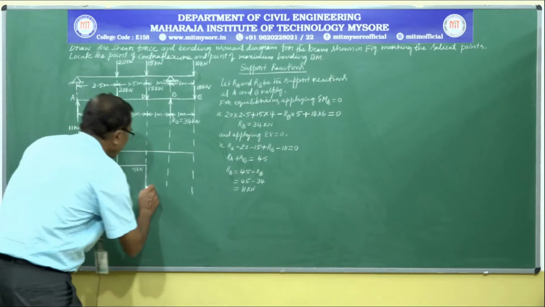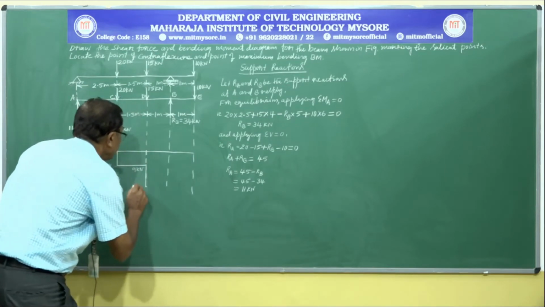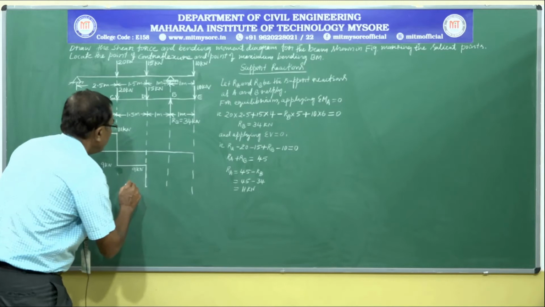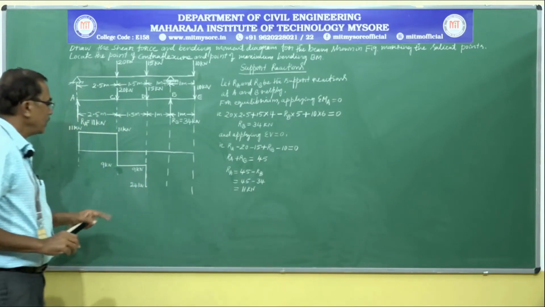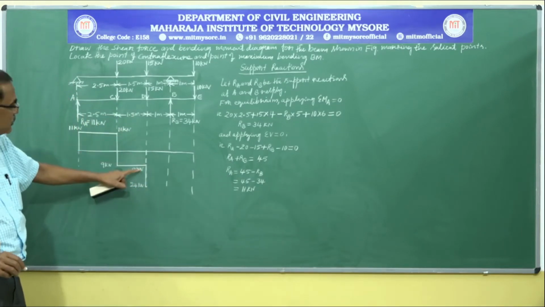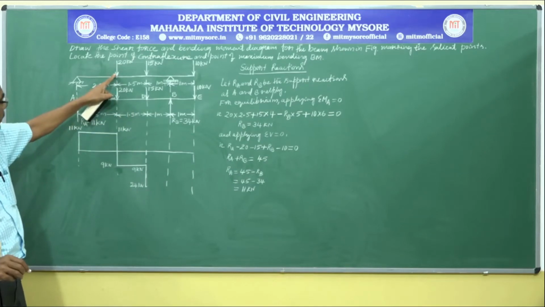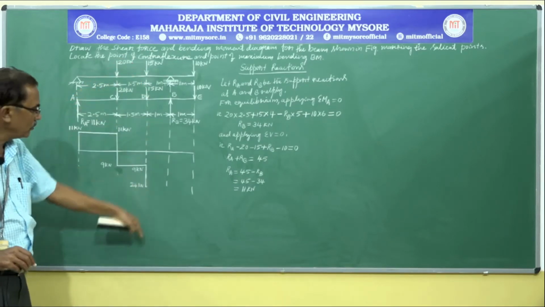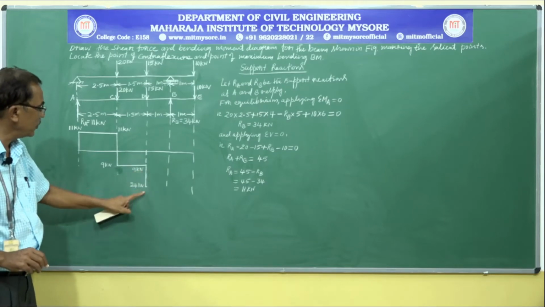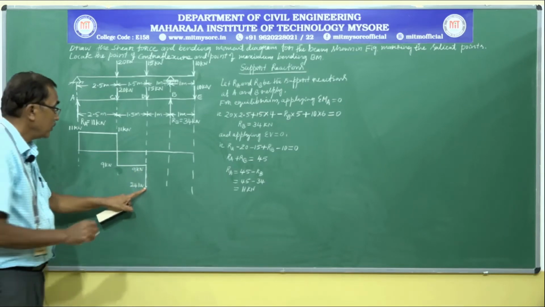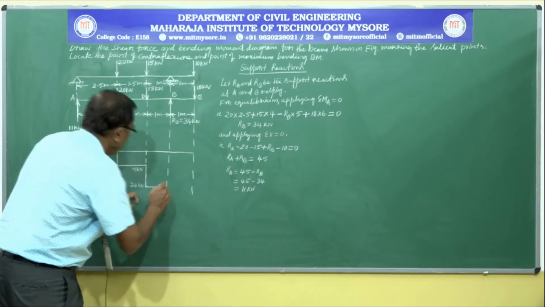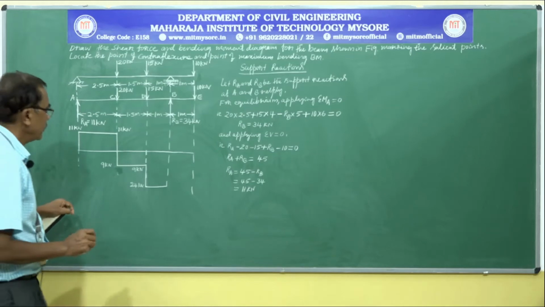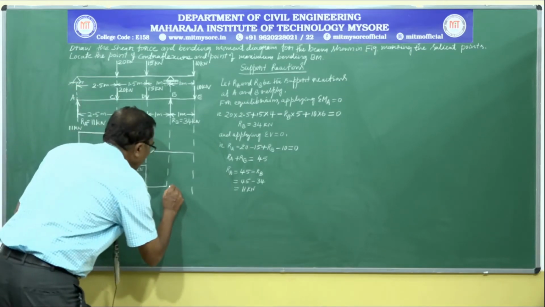So totally it is 24 kilonewton. The value here is 24 kilonewton. This 9 kilonewton is because of the 20 kilonewton, and with another 15 kilonewton it will go down vertically. Totally it is 24 kilonewton below the reference line. Between D and B, no load, the variation is a horizontal line. At point B, mark this 24 kilonewton again.